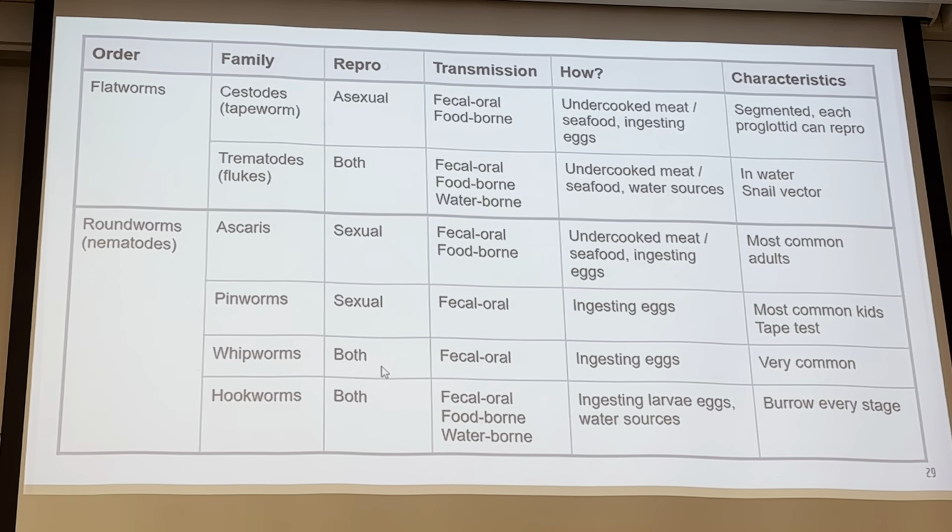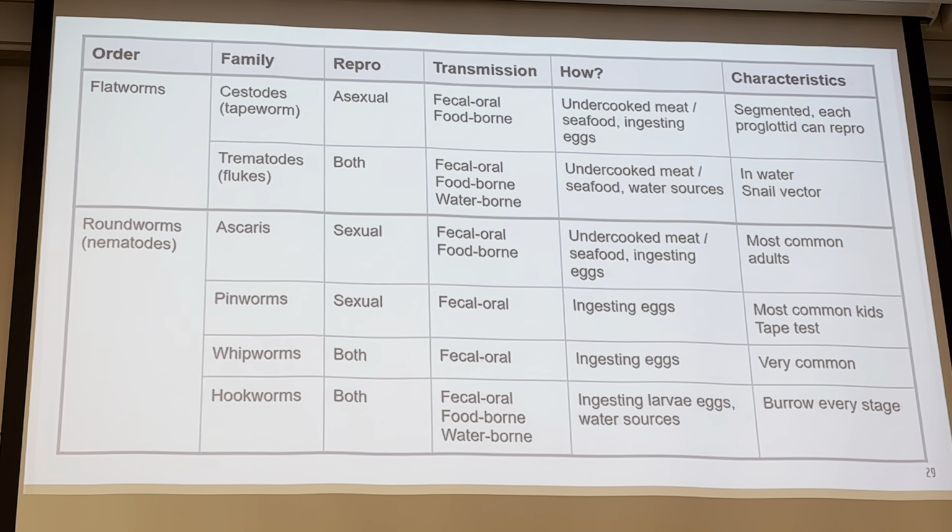Okay, so here's our little summary. Repro, I don't care that you know that. I do care that you know transmission. I just put these on here, the most common methods of how transmission happens, so it should all make sense. If you put fecal oral, you know it's the 5 methods of fecal oral transmission.